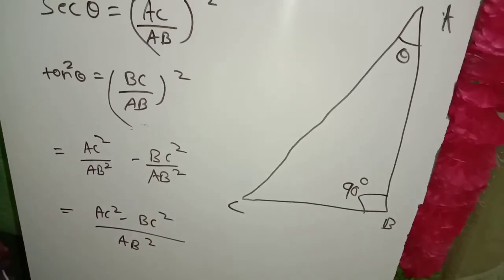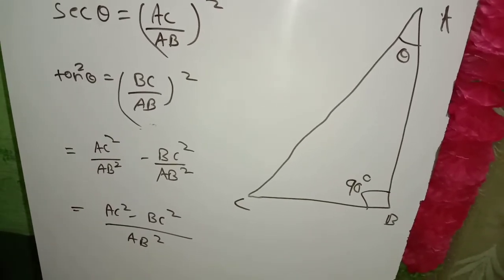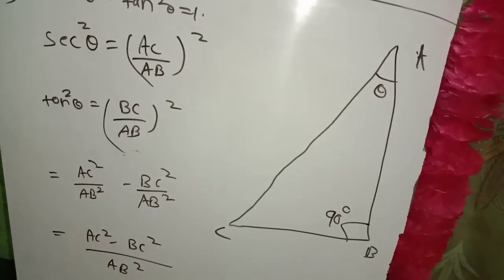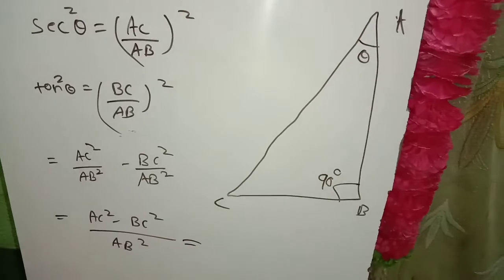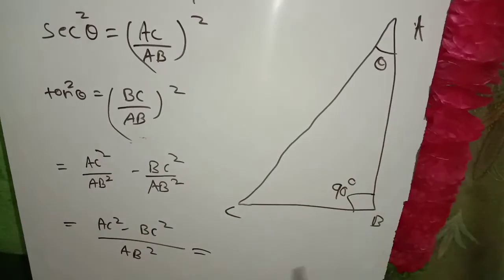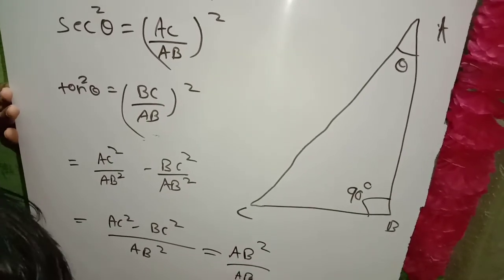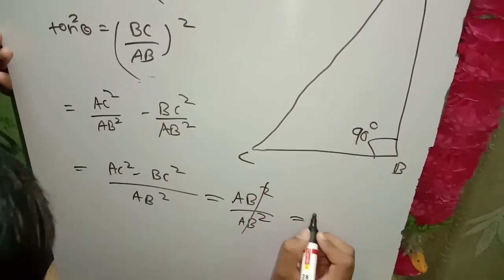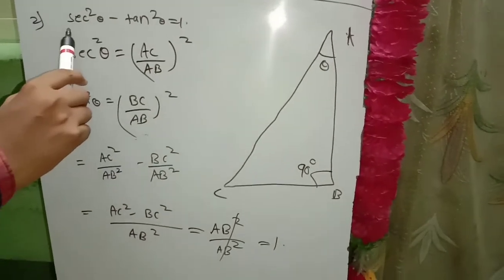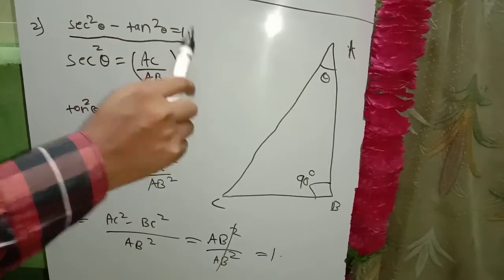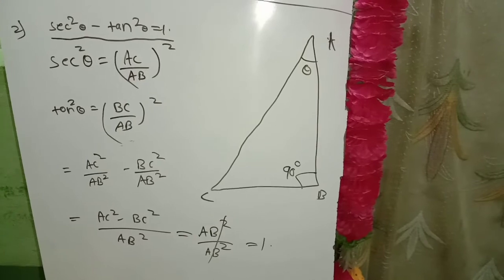According to the Pythagoras theorem, if we subtract any side square from the hypotenuse square, it gives the other side square. So AC square minus BC square is AB square in this right angle triangle. AB square by AB square cancels and is equal to 1. Like this we have proved the second identity, secant square theta minus tan square theta is equal to 1. This is also a very important formula in this exercise.